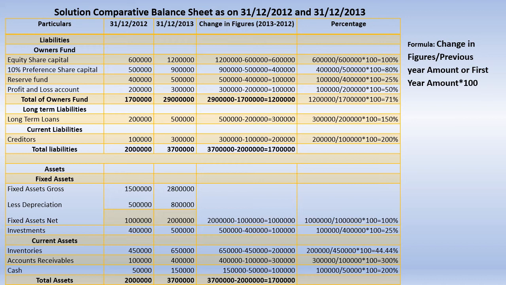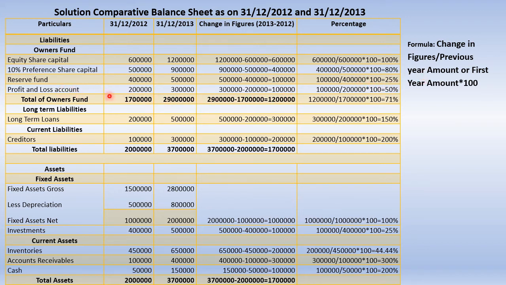Next we'll move on to preference share capital. Preference share capital changes in figures it is 4 lakh, I've entered 4 lakh divided by 5 lakh into 100, I get 80%. Next it is reserve fund, 1 lakh divided by 4 lakh into 100, I get 25%. Next it is profit and loss account.